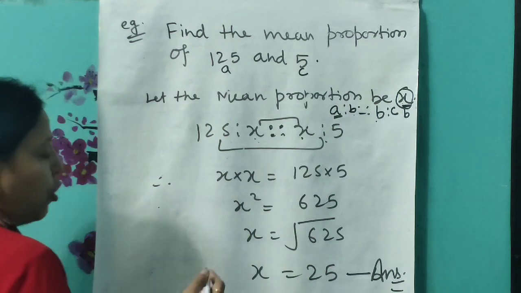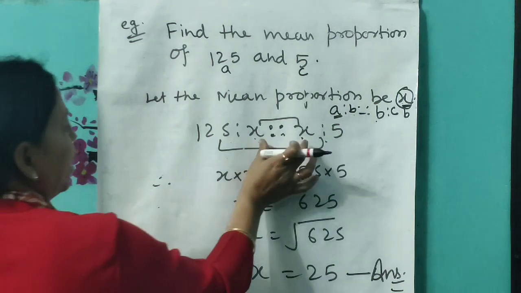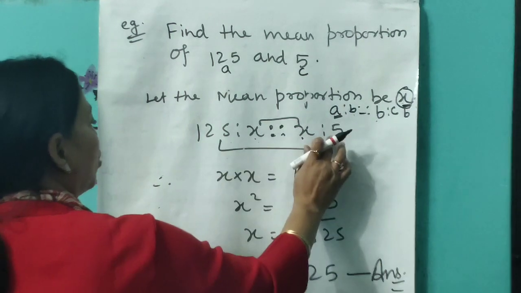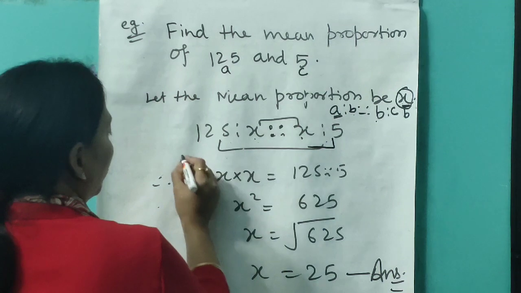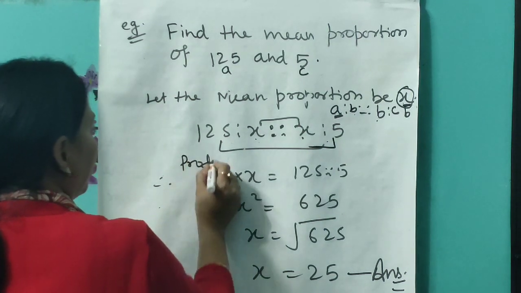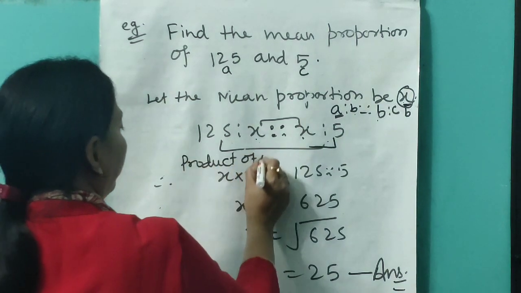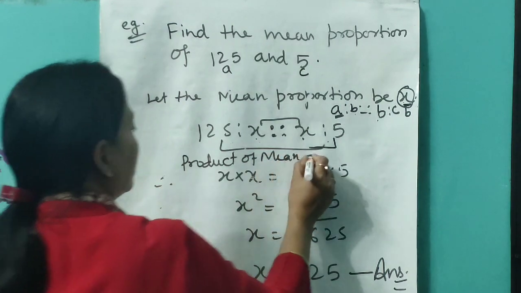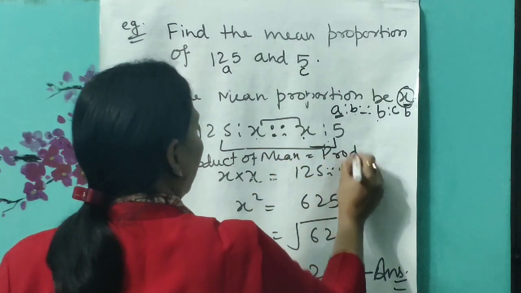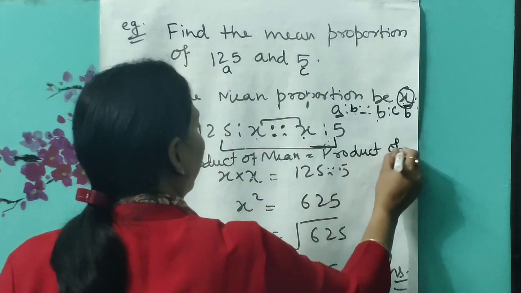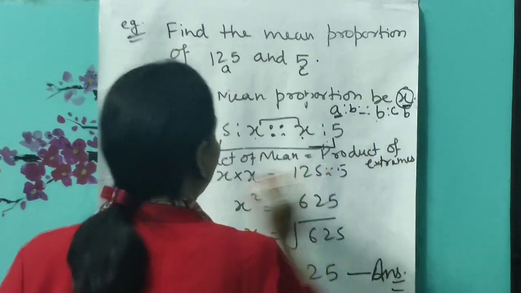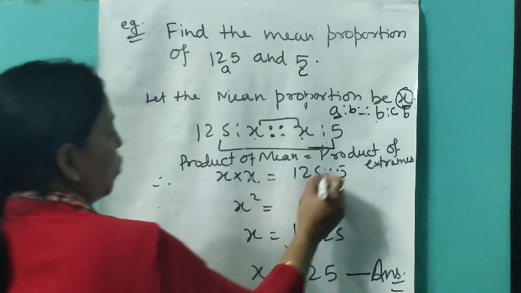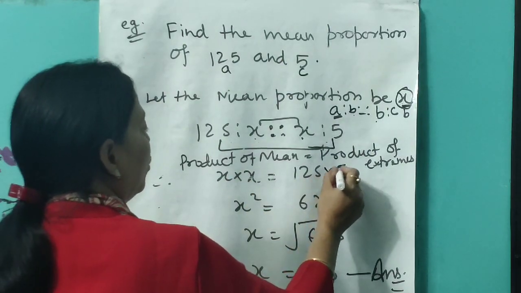Now you can apply the formula. What is the formula? Product of means is equal to product of extremes. So x into x is equal to 125 into 5.